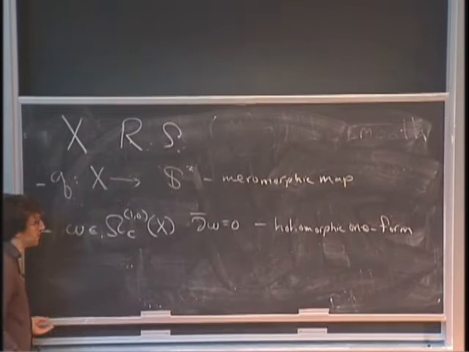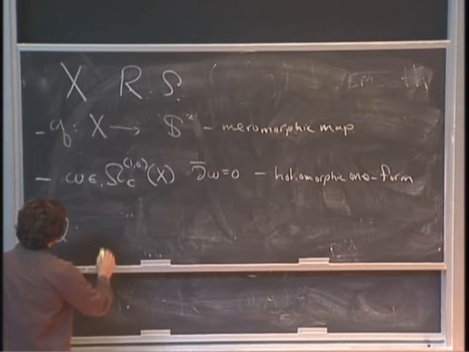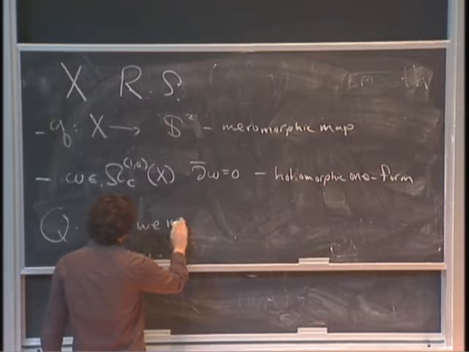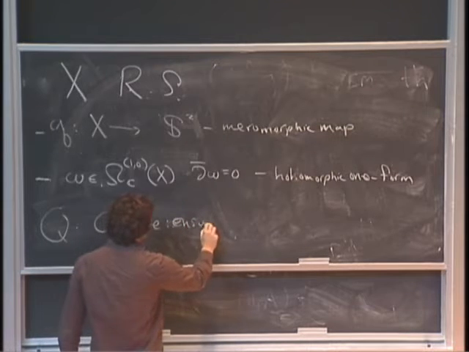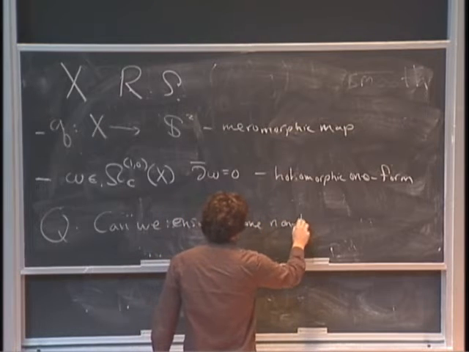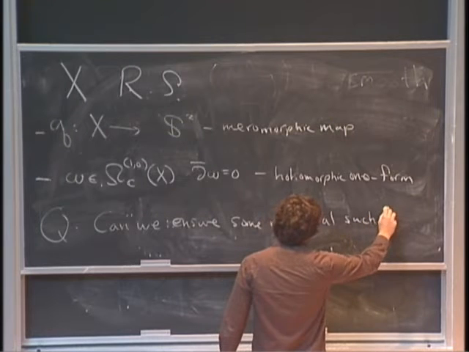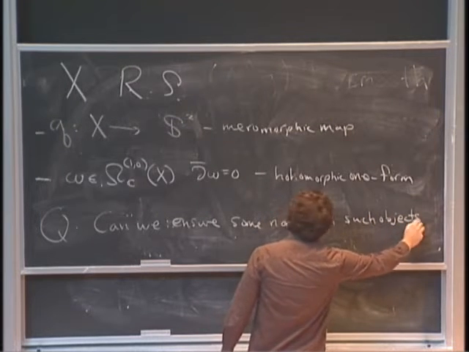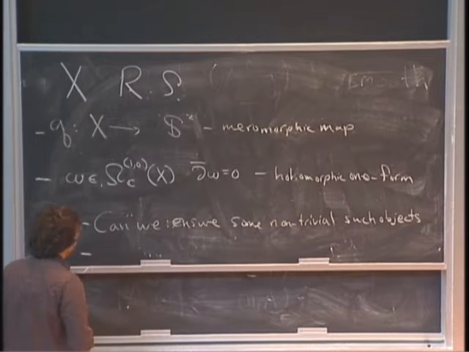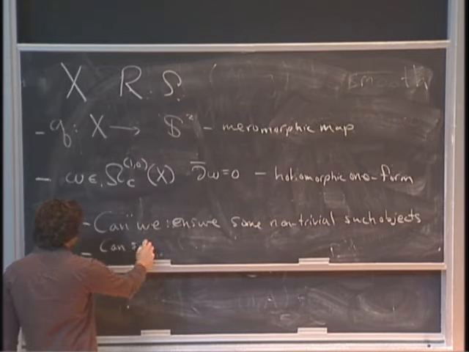The first question is, can we ensure some non-trivial ones exist? The second question is, if we have these, can we say something about them?